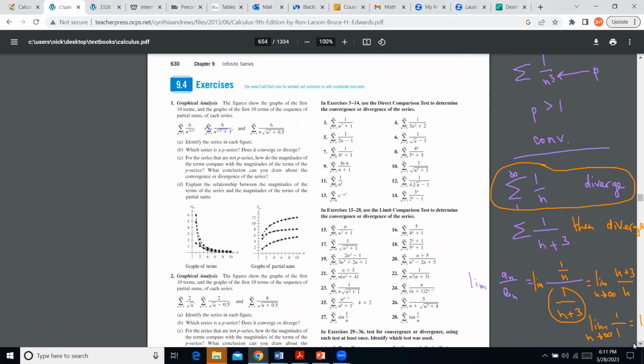My message here is that there are various ways to do the same exact exercise. So you can do it using, say, the geometric series approach, or you can do the comparison of the series like we do right now.